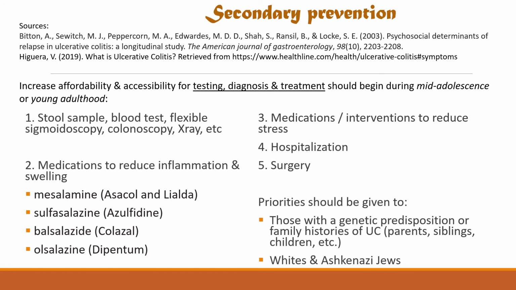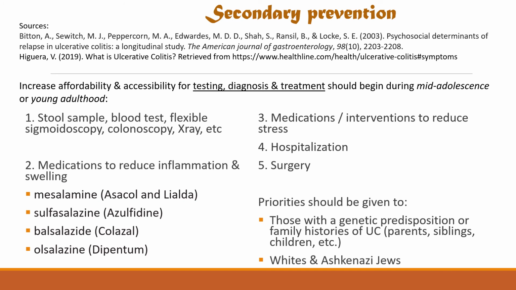Treatment can also include medications or interventions to reduce stress. Treatment can also include hospitalization and surgery. Once again, priority should be given to those with a genetic predisposition or family history of ulcerative colitis.